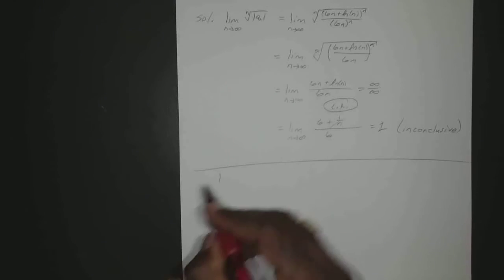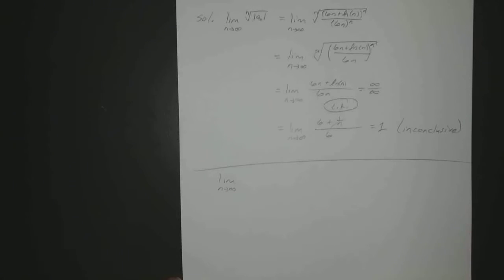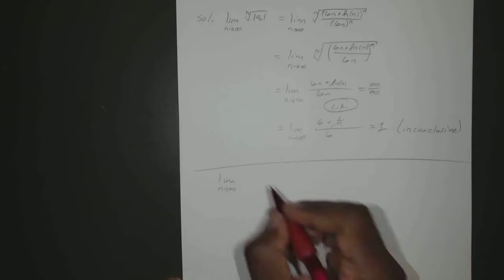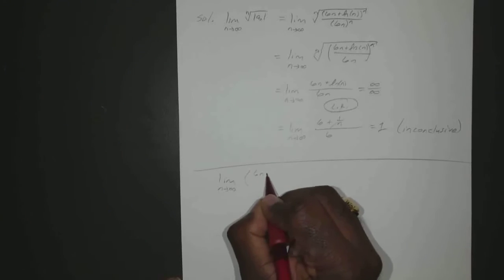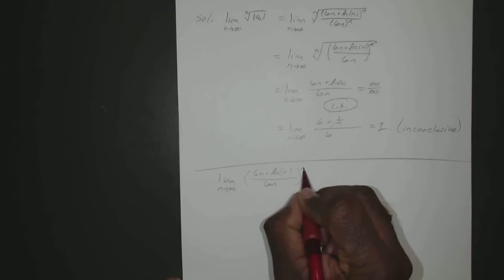So actually we figured out the limit as n approaches infinity. So what we can do is still combine those two. So you have (6n plus natural log of n over 6n) to the nth power.